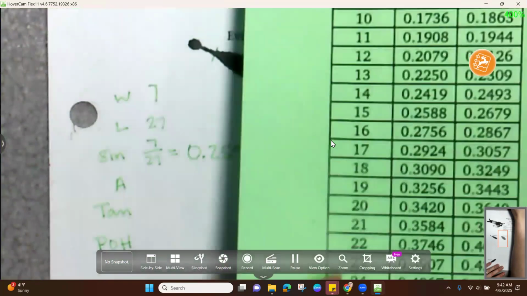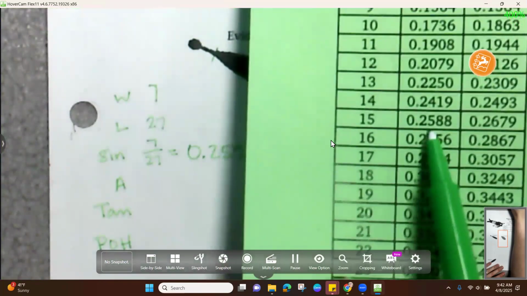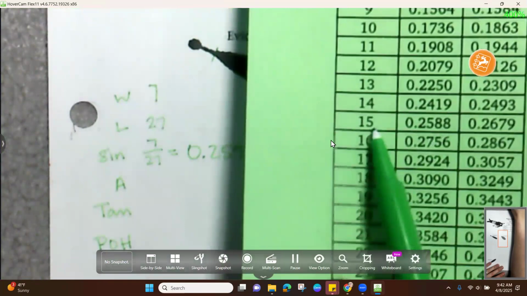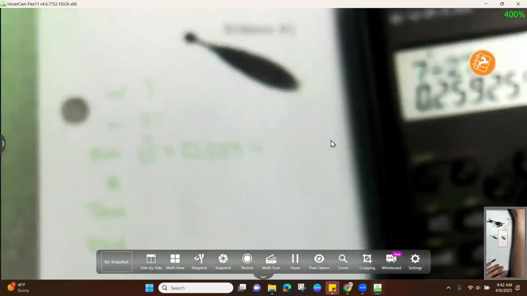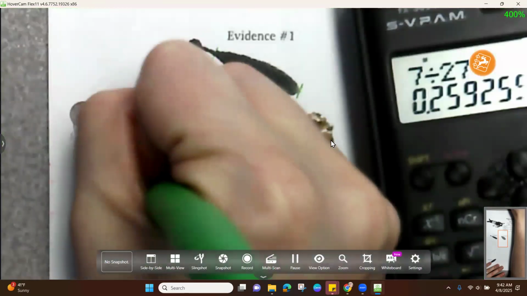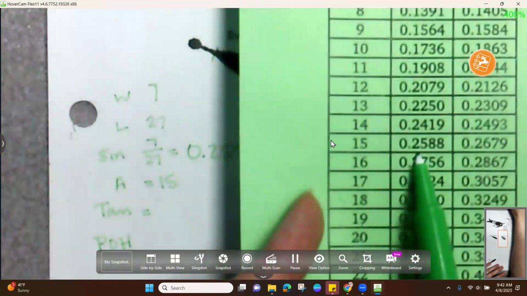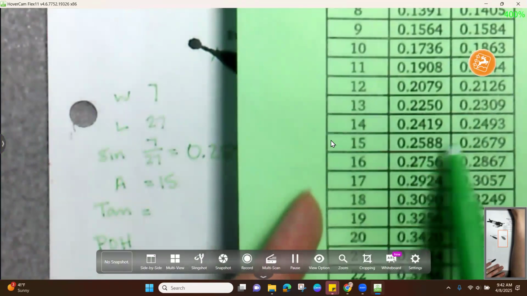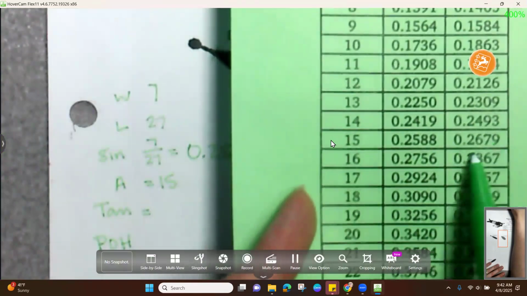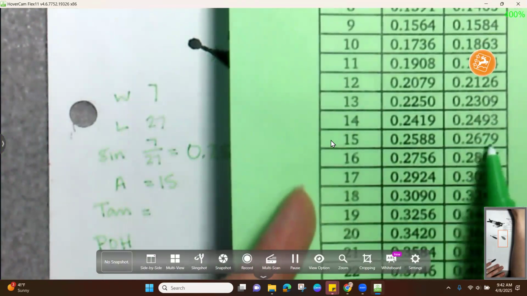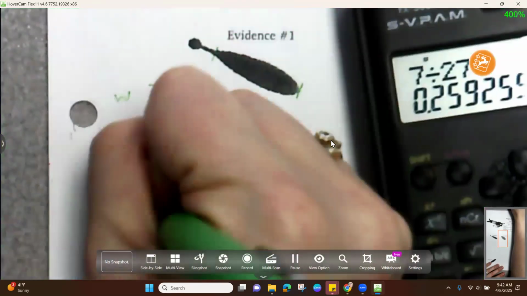You're then going to go to your chart. You're going to find the one that is closest to that. So 0.2588. So our angle is 15. And our tangent, we are at 15. That was the sine that we calculated closest to. And then our tangent is this last one, 0.2679.